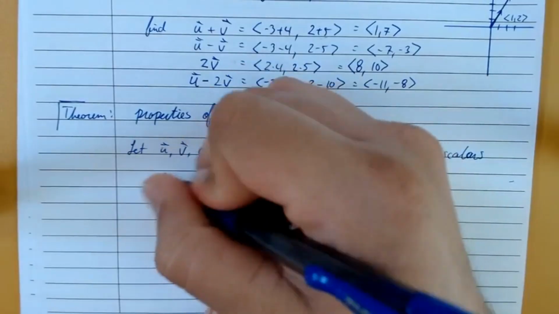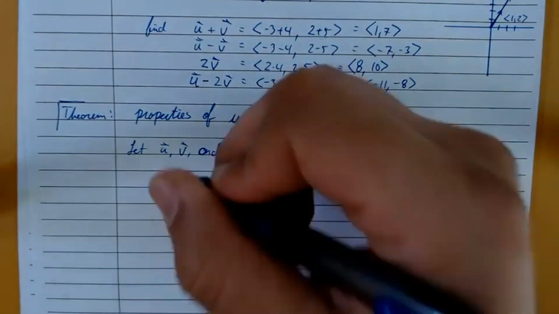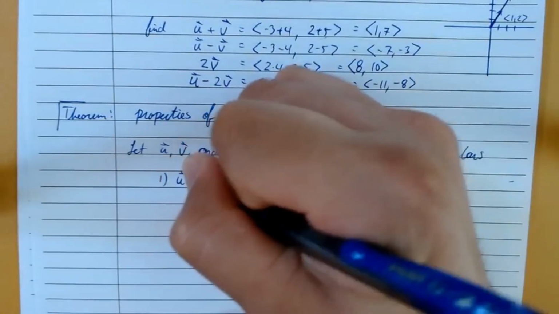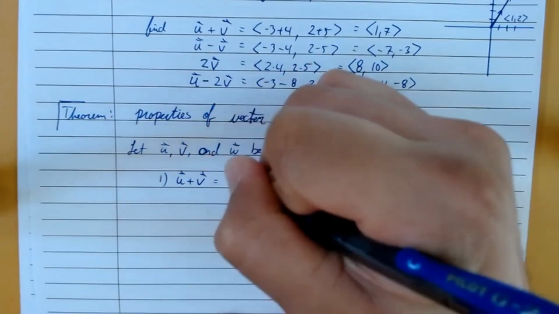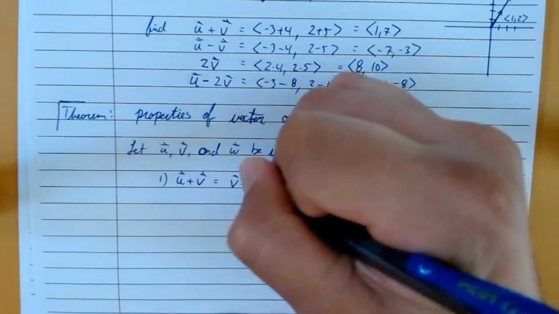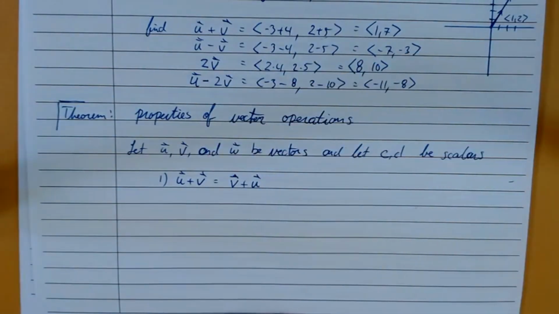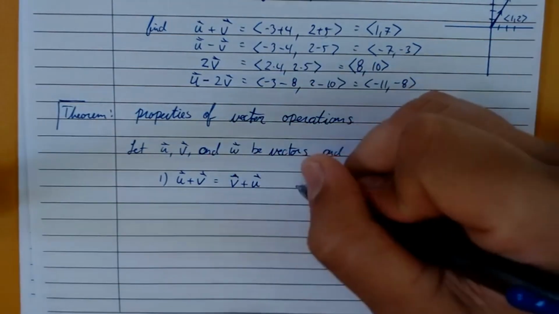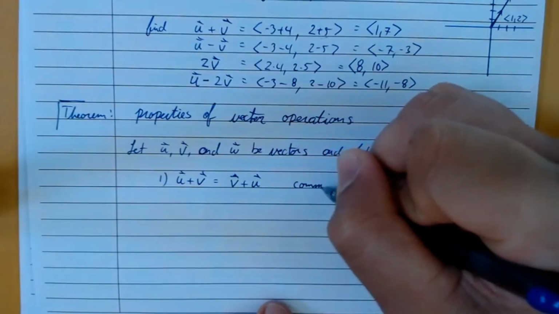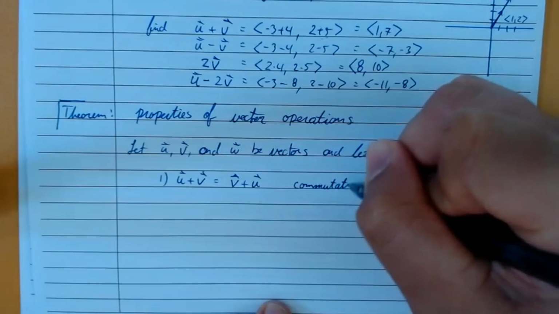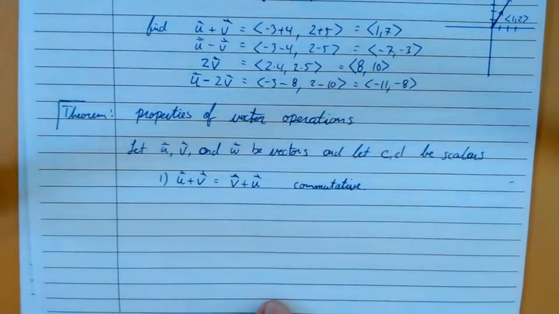The first one is the commutative property. Thankfully, mercifully, vectors, just like real numbers, are commutative over addition. In other words, u plus v is the same as v plus u. So addition is commutative.